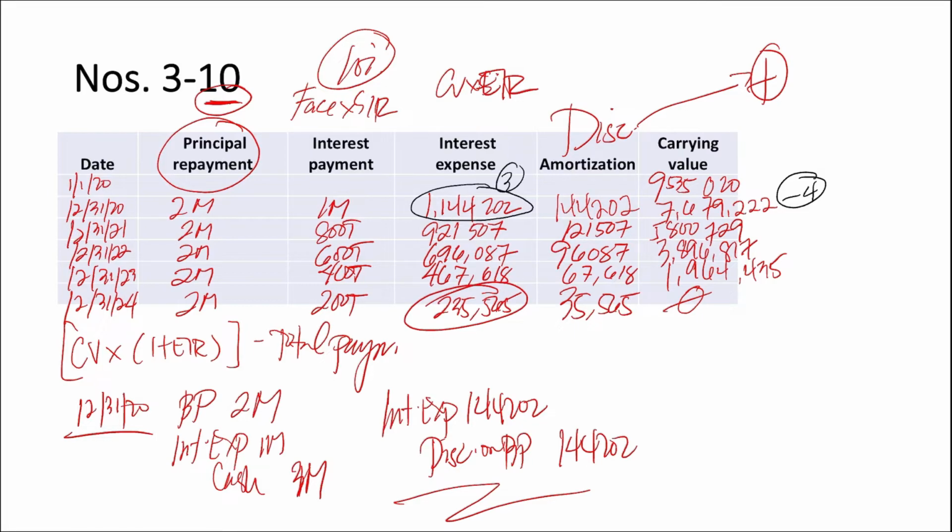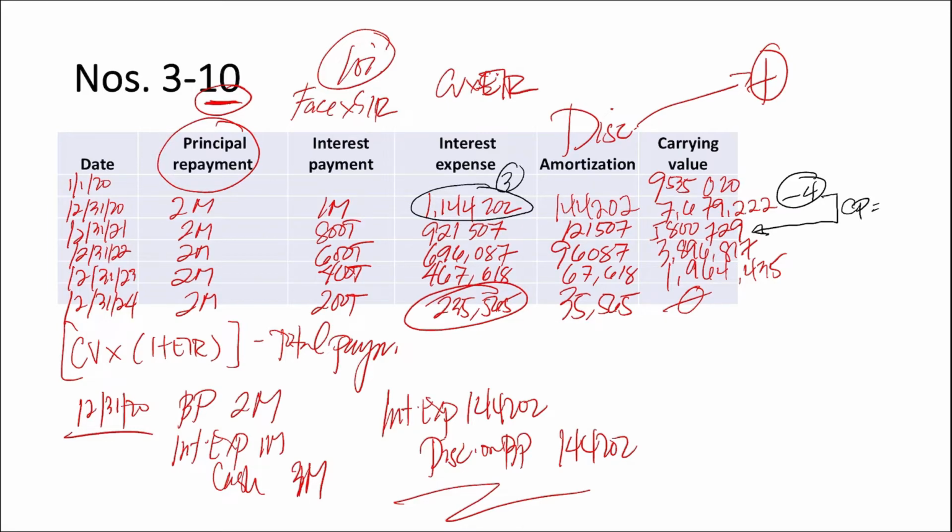Answer is meron. Bakit? Serial bonds yan, guys. May mga portion siyang nagiging current na. So, how do we compute for that, sir? Para madali nyo makompute, guys, ito lang ang ano nyo, yung carrying value at the end of the current year and the carrying value of the next year. Okay? The difference will be the current portion.